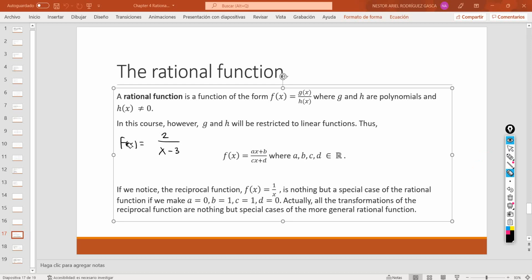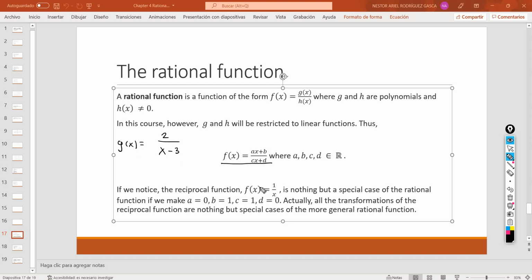Maybe I should call it differently. Remember, you cannot use the same name for a function if you have two different functions, right? Actually, this is also a mistake, right? I'm saying that f is this, and in the same context, I'm saying that f is equal to this. This is technically incorrect. I made something wrong here.